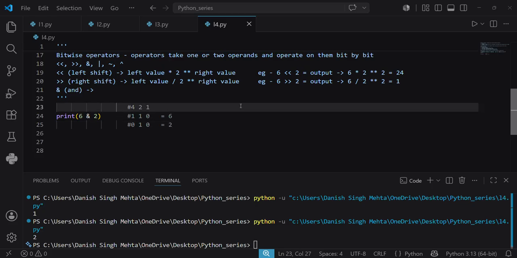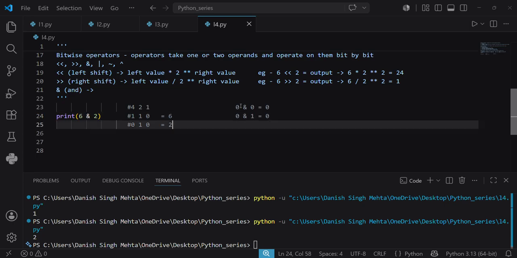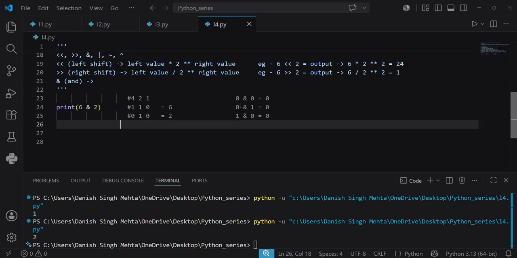I hope you know how AND works: 0 and 0 gives 0, 0 and 1 gives also 0, 1 and 0 gives also 0, and 1 and 1 gives 1.